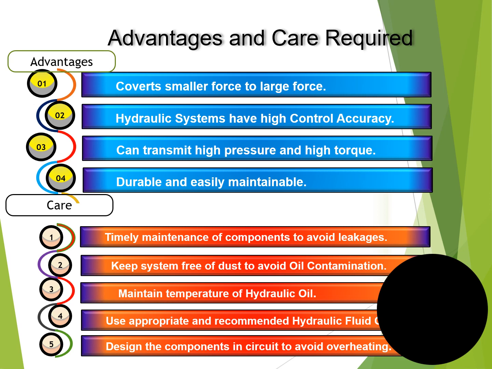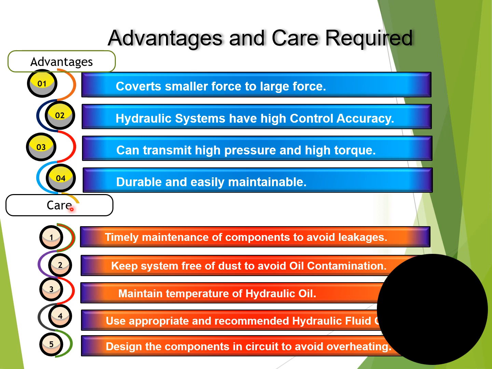That means as compared to their sizes, they generate a lot of force or torque. So this helps in doing precise control. Then finally, durable and easily maintainable. It doesn't have gears or things like that, so it is easily maintainable also.